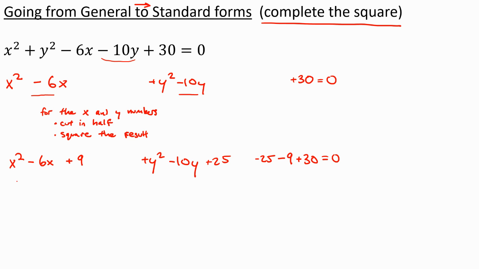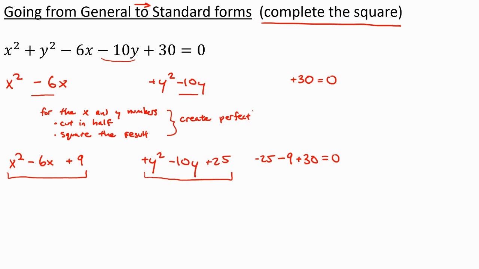Okay, now what we're looking at is the quadratic form, x squared minus 6x plus 9, and we've got a quadratic with y's, y squared minus 10y plus 25. And because of this weird procedure we did in the middle, the cutting in half and squaring, and then adding it in, what we've done is we've created perfect squares. That's the term for this.